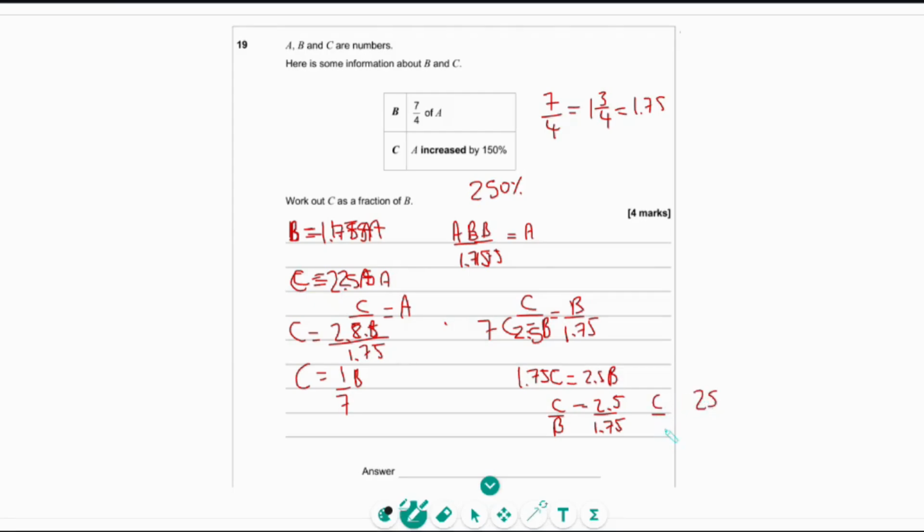So C as a fraction of B is 250 over 175. Divide both of these by 5, which gives us 50 over 35. You can divide them both by 5 again to get 10 over 7.